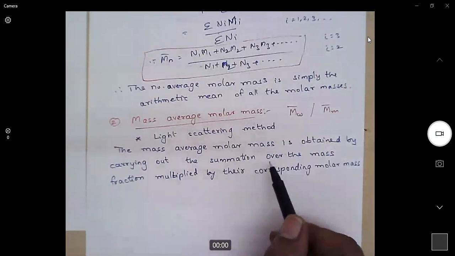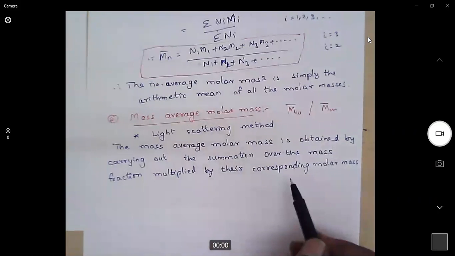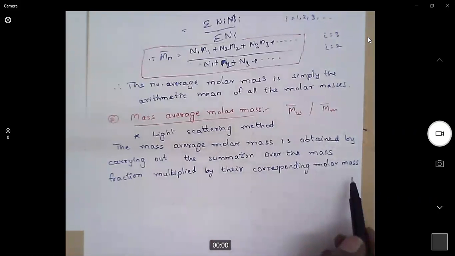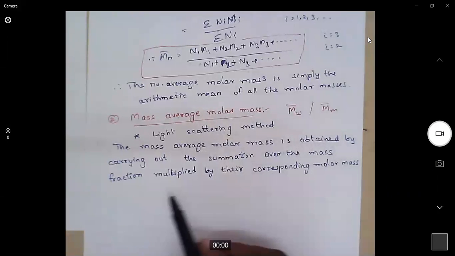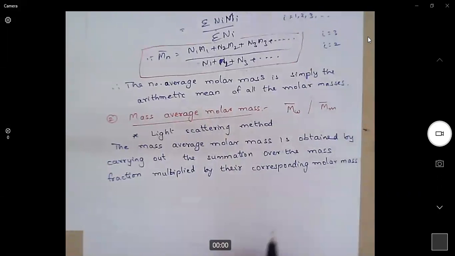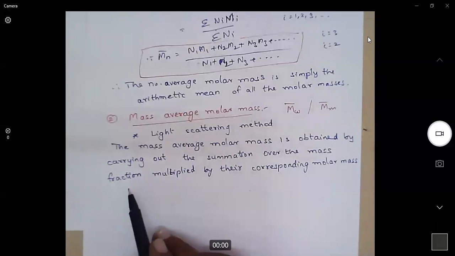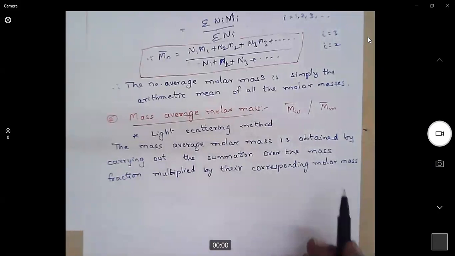The mass average molar mass is obtained by carrying out the summation over the mass fraction multiplied by their corresponding molar masses. Previously, in the case of number average molar mass, it is the number fraction multiplied by their molar masses, whereas in mass average molar mass, it is the summation over mass fraction multiplied by their corresponding molar masses.